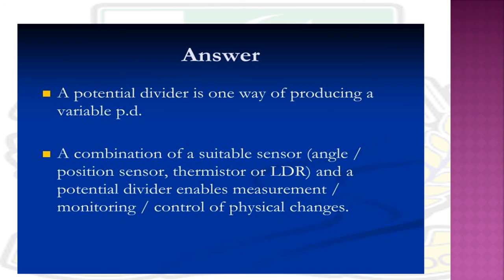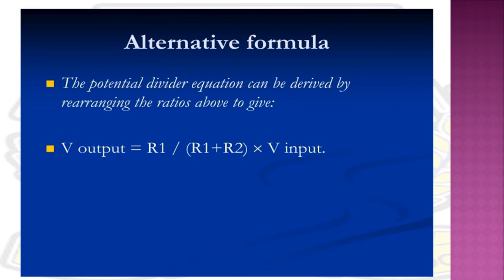A potential divider enables measurement, monitoring, and control of physical changes. The potential divider equation can be derived by rearranging the ratios above to give V output equal to R1 divided by R1 plus R2 multiplied by the input voltage.